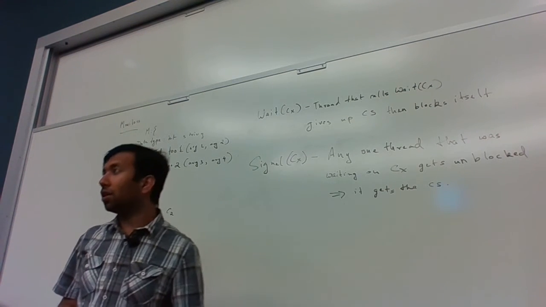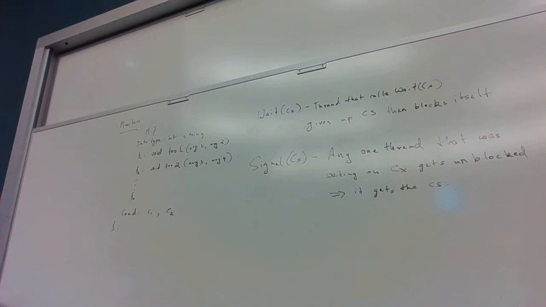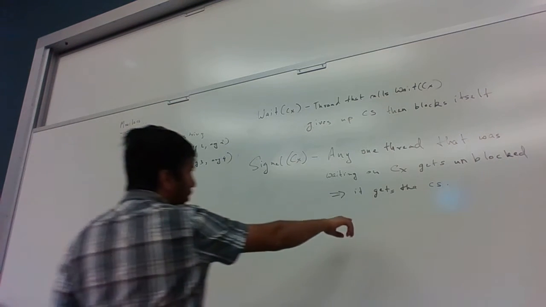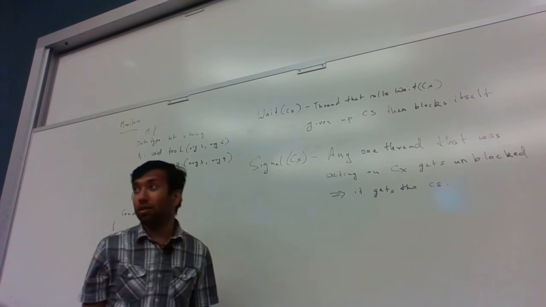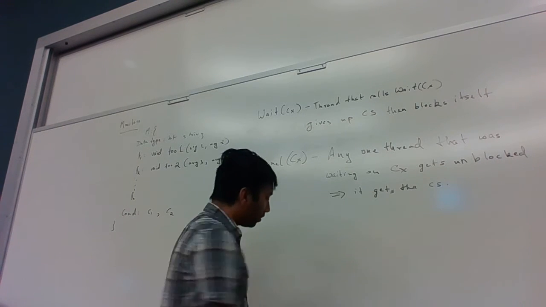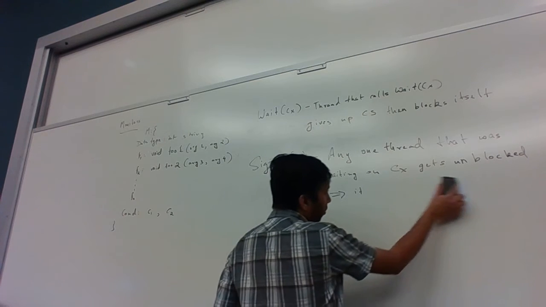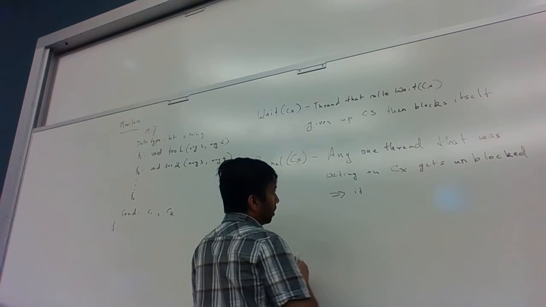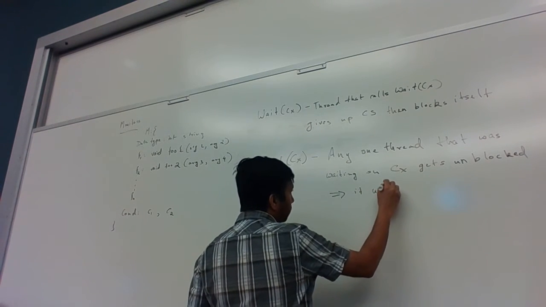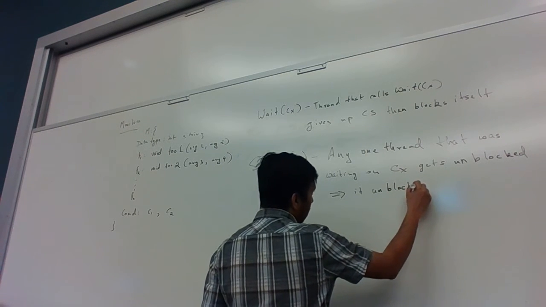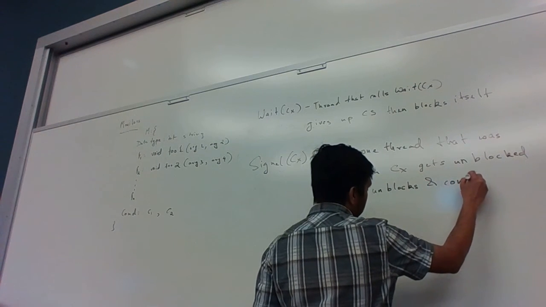So you have to do signal very carefully. Can you have more than one thread waiting on a condition? Yes, you can have more than one thread, but you have to call signal more than once. It cannot get the critical section the moment you call signal. So instead of saying it gets the critical section, we can say it unblocks and competes for the critical section.